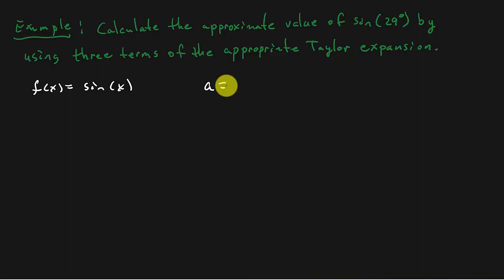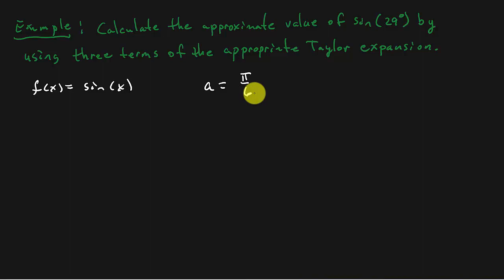It needs to be something close to 29, and we want it to be a value that we know. Well, don't we know the sine of 30 degrees is 1/2, right? We know the cosine of 30 degrees is square root of 3 over 2. Okay, so we're going to use a is equal to pi over 6.